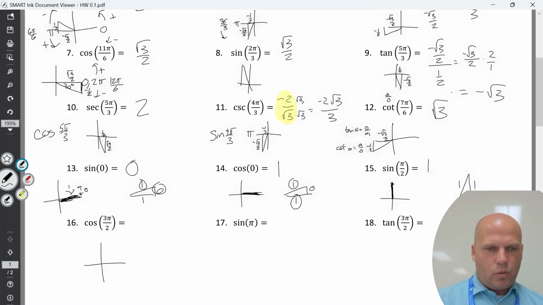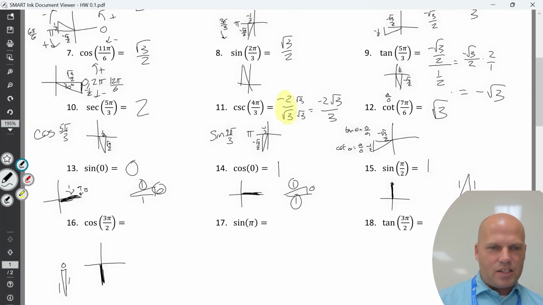3 pi over 2 is 1 pi over 2 away from 2 pi over 2, or it's this straight down angle, 270 degrees, if you like to think about degrees. I don't. I like to just stick with radians and understand radians. And again, we create this triangle down here, exaggerated, where the hypotenuse is 1, the vertical is 1, but the adjacent is 0.